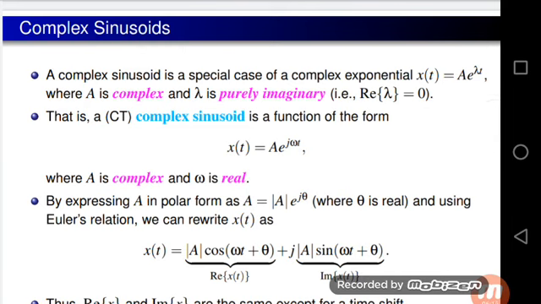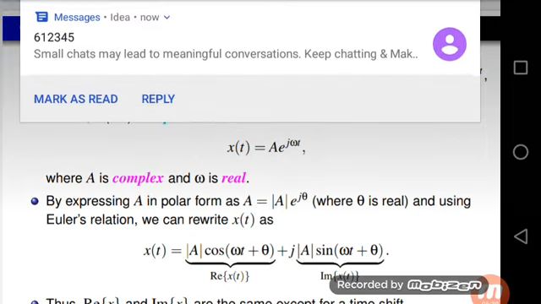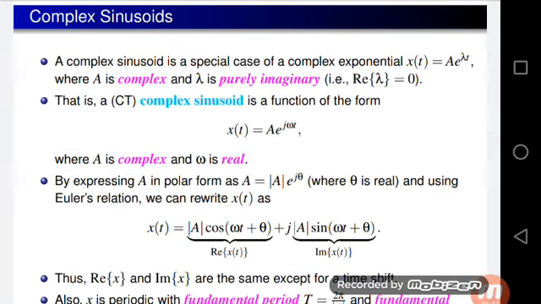Next one is complex sinusoids. A complex sinusoid is a special case of the complex exponential x of t equal to A e power lambda t, where A is complex and lambda is purely imaginary.